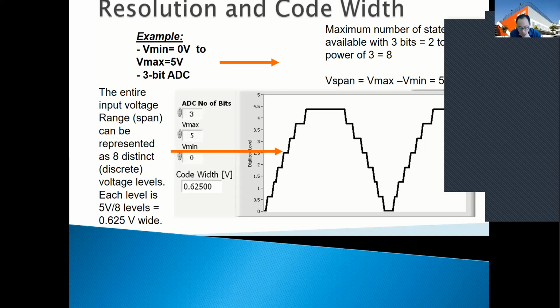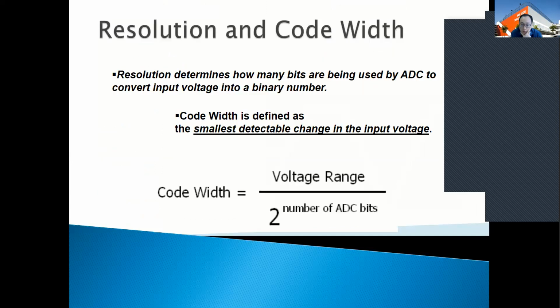Now, with this part, what does code width mean? The analog to digital converter is a piece of electronic device that will convert any input voltage into a binary code, or binary pattern.